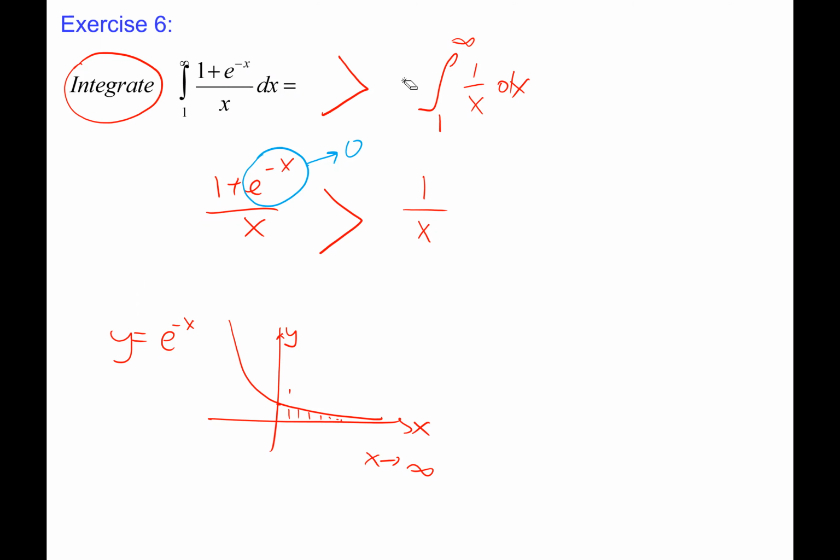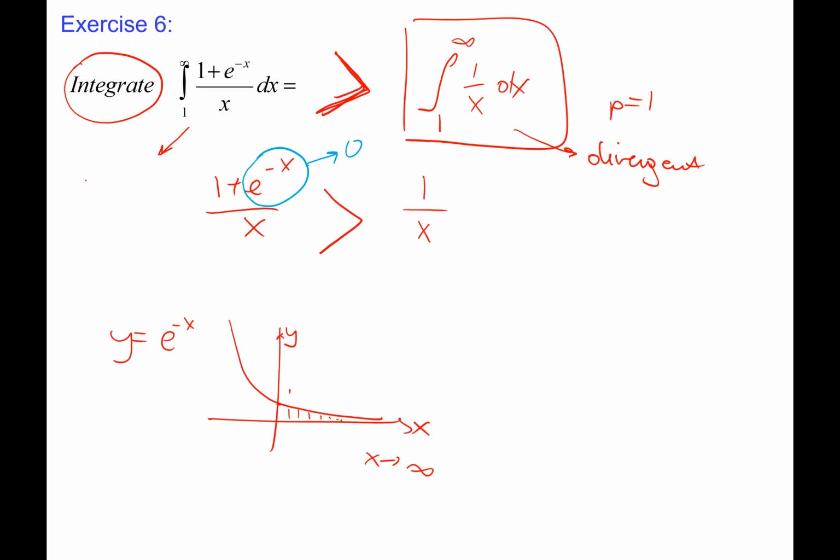And we know this integral, x to the power of p with p equal to 1, is divergent. And now everything that is greater is also divergent. So this integral, by the comparison theorem with 1 over x, is divergent.